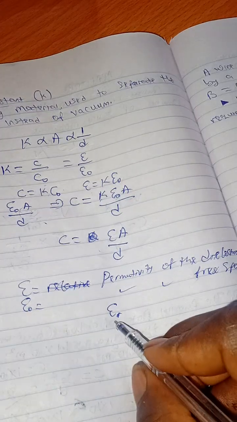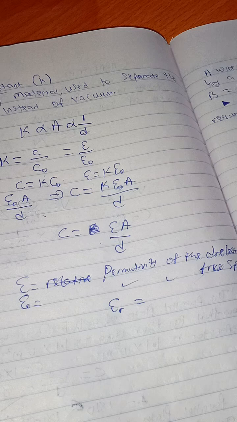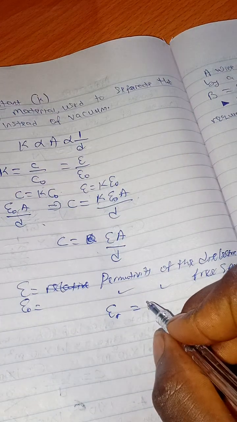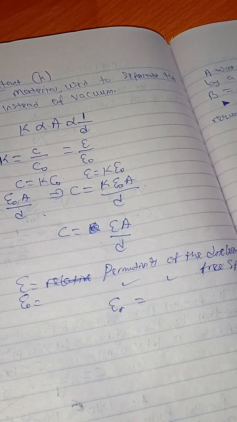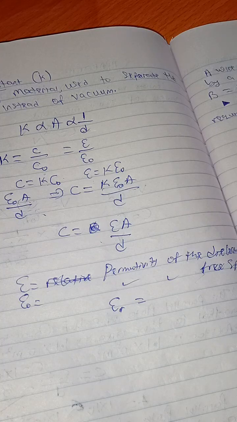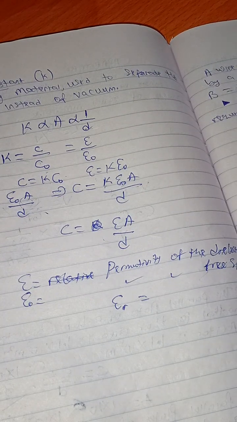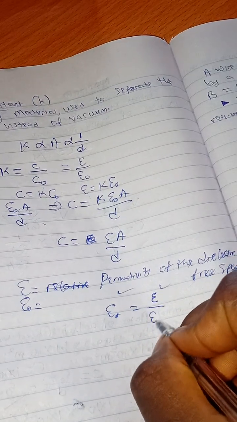And relative permittivity is equal to, what's it called now? What should be the formula? Yes, E over E naught.